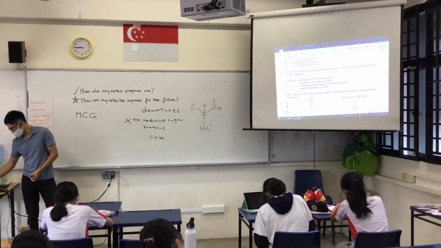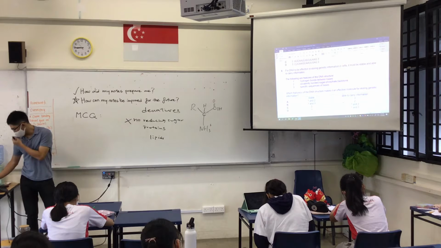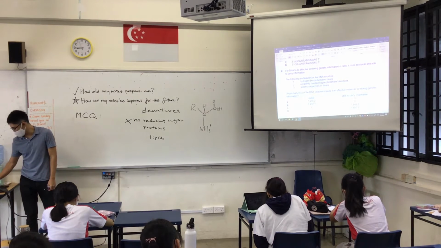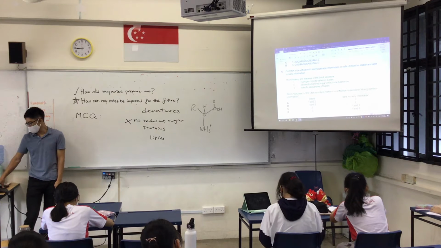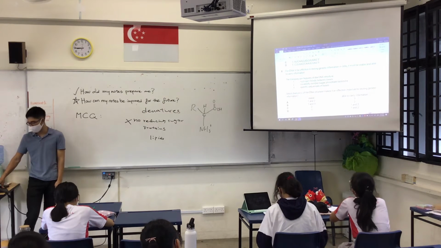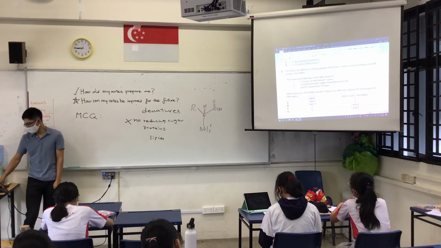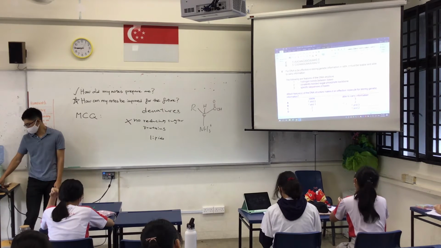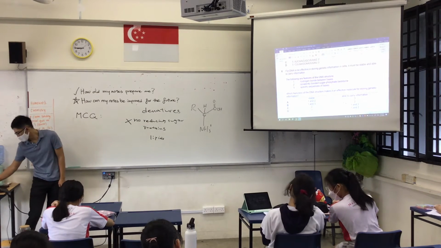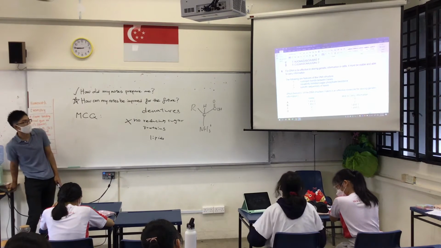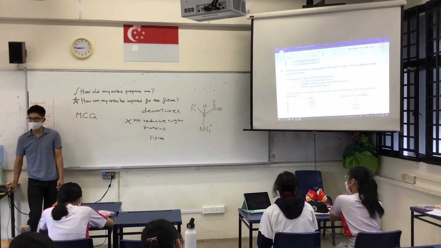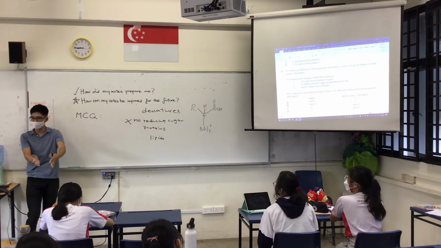Last one. For DNA to be effective in storing information, it must be stable. Which of the following features of DNA makes it effective for storing genetic information? Okay, what's useful for stability? The hydrogen bonds between the bases, that's important so that the two strands can be together.